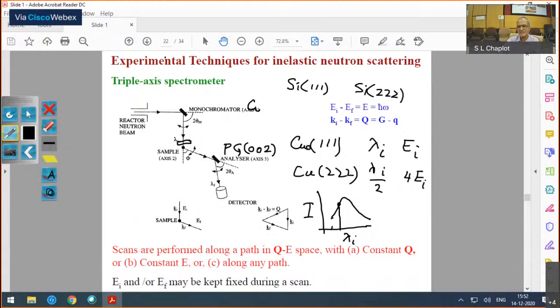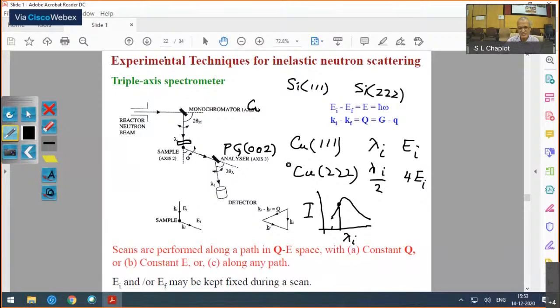So I may think that there is a single reflection 111, but under some conditions, there is multiple scattering in the sample, and that can be two consecutive Bragg reflections. But that's usually not the case. We don't use a very thick sample and thick monochromator, and so those issues are taken care of.